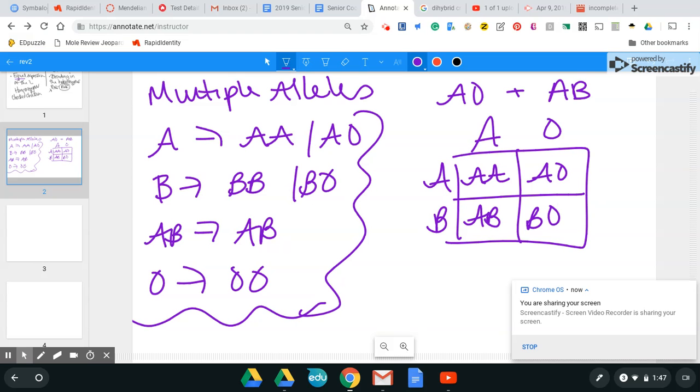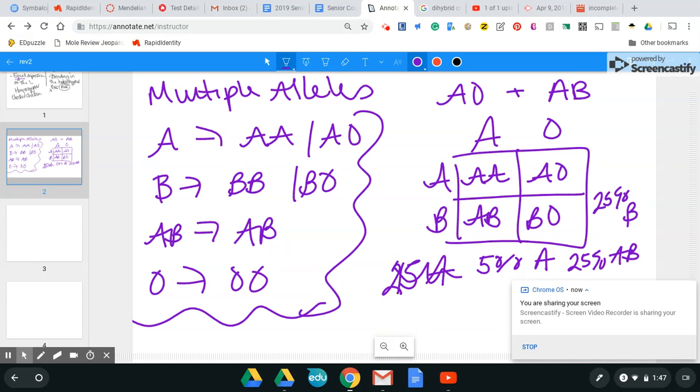And so the types of blood that you're going to get, you could get 25% have an A. No. I forgot both of these. 50% have an A. 25% have an AB. And then 25% have a B. So blood type problems are done based on this chart right here.